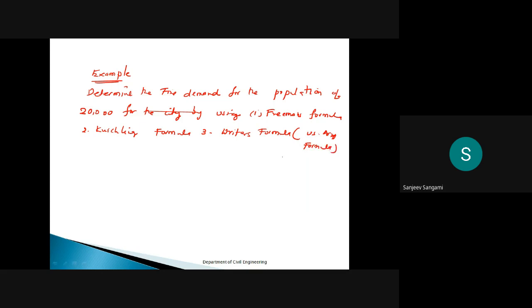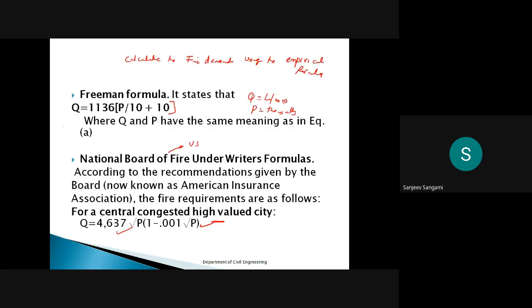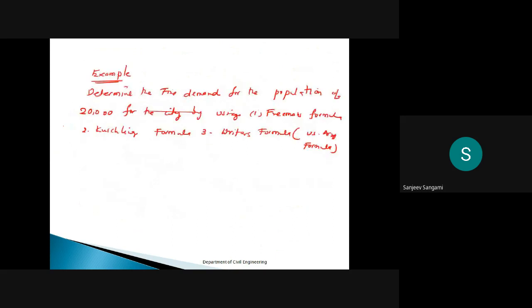That time also they may ask. So first apply the first formula, what we have already discussed. That is Kuchling's formula. Apply the first one, given the population is equal to 20,000.